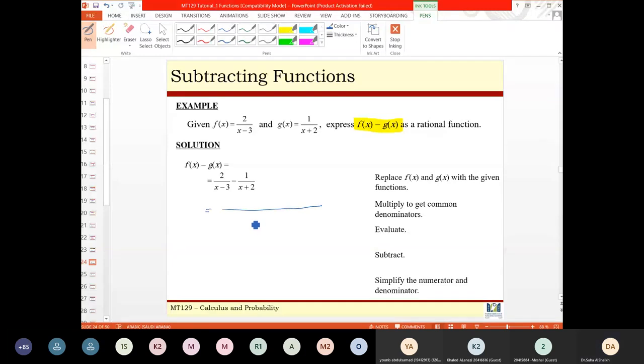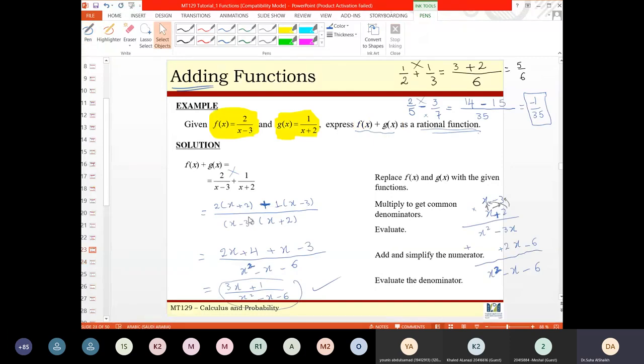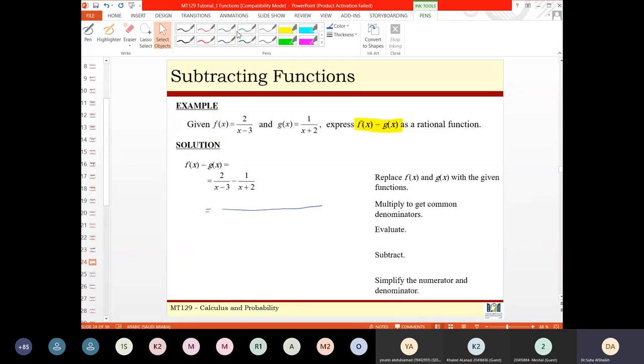Here is the last slide. يلا go ahead. So the first step, I have to make a common bottom. Yalla, what should I do? I multiply x minus 3 with x plus 2.